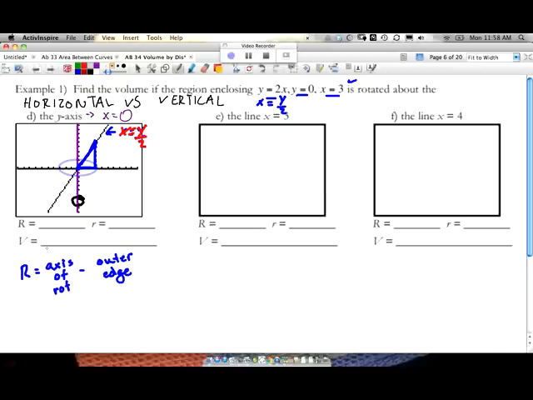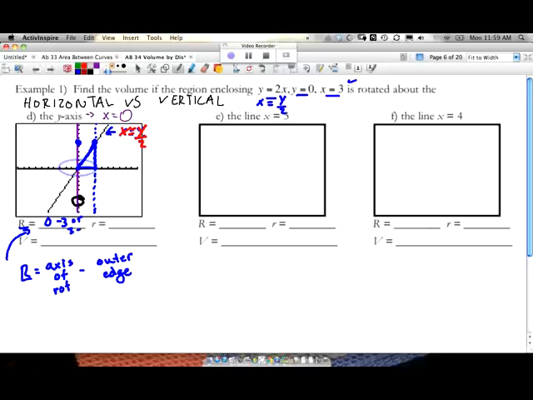So let's start with this outside edge. If we're going from here, the axis of rotation, to here, the outside edge, at x equals 3, that's the radius of that cylinder that's being created. So that's going to be 0 minus 3, or 3 minus 0. And in fact, it doesn't matter if it's 3 minus 0 or 0 minus 3.